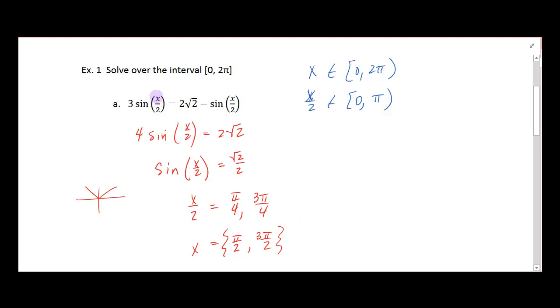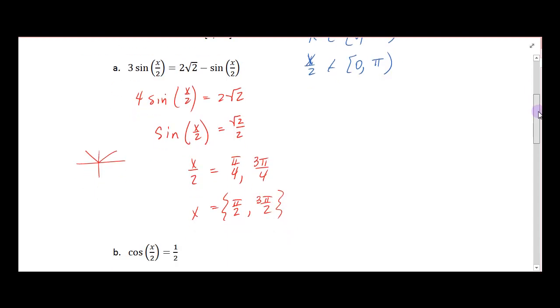These are not as intuitive, you can't just look at them right off the bat and see if that is working out. But if you were to take my x value, let's just look at pi over 2, and substitute that in for x here, you would come out with the left-hand side equaling the right. So you can always check them in that way. That's the solution we're looking at for this problem.